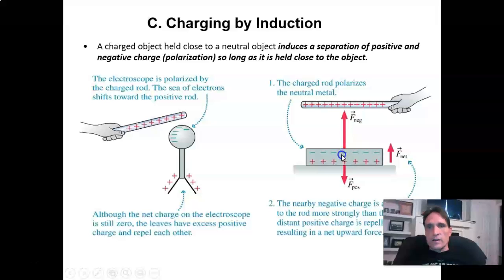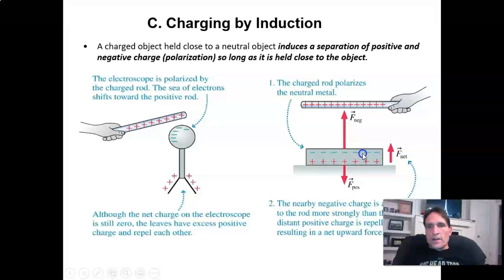You're going to induce what's called a dipole moment. You're going to separate the charge in the material, because the positive charge is going to want to move away, and the negative electrons are going to want to move toward the rod.